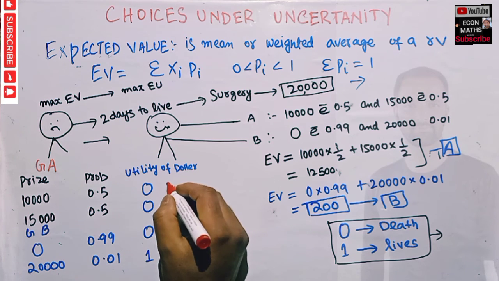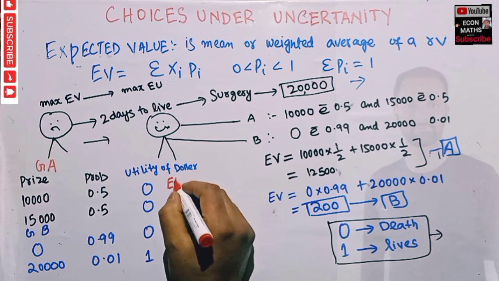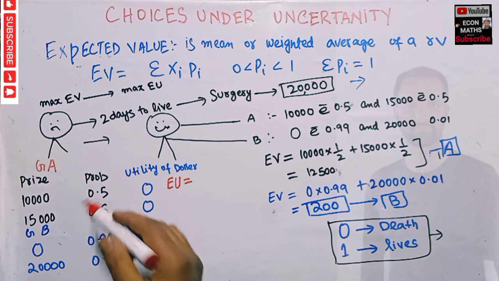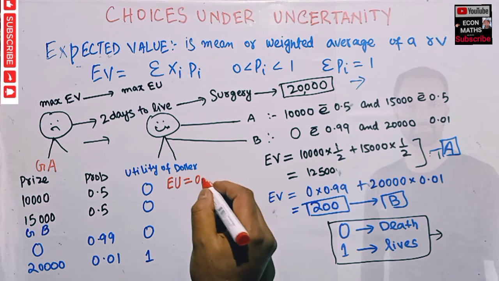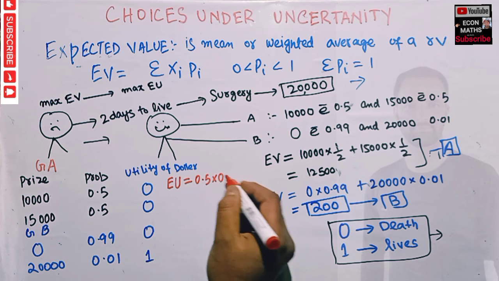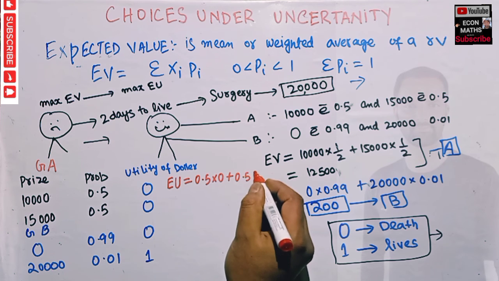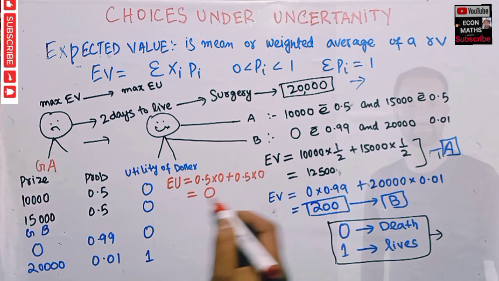Now let us see what is the expected utility in gamble A. Expected utility in gamble A means we multiply these random variables with their probabilities. So we have 0.5 into 0 plus 0.5 into 0, and that comes out to be an expected utility for gamble A of 0.